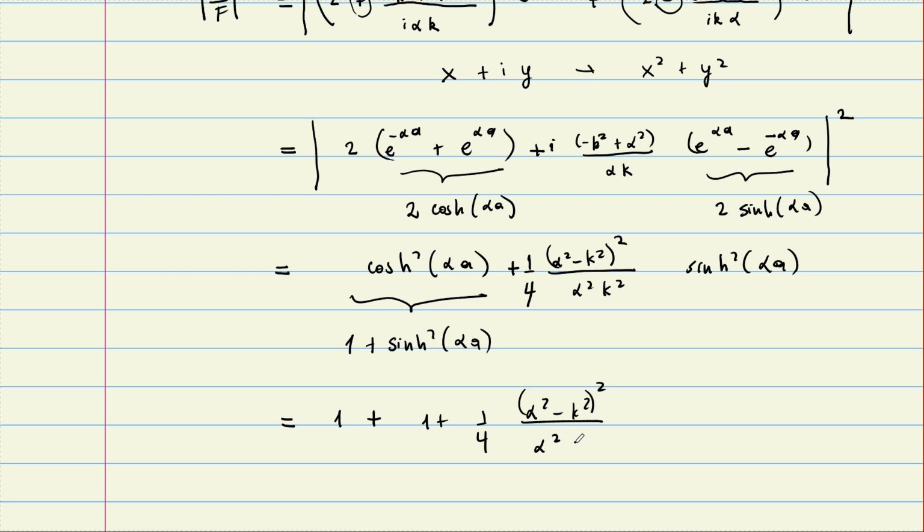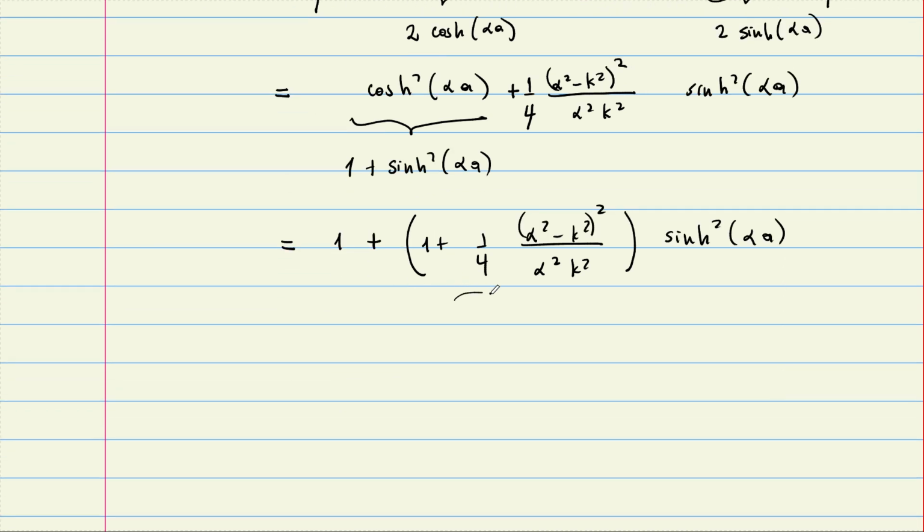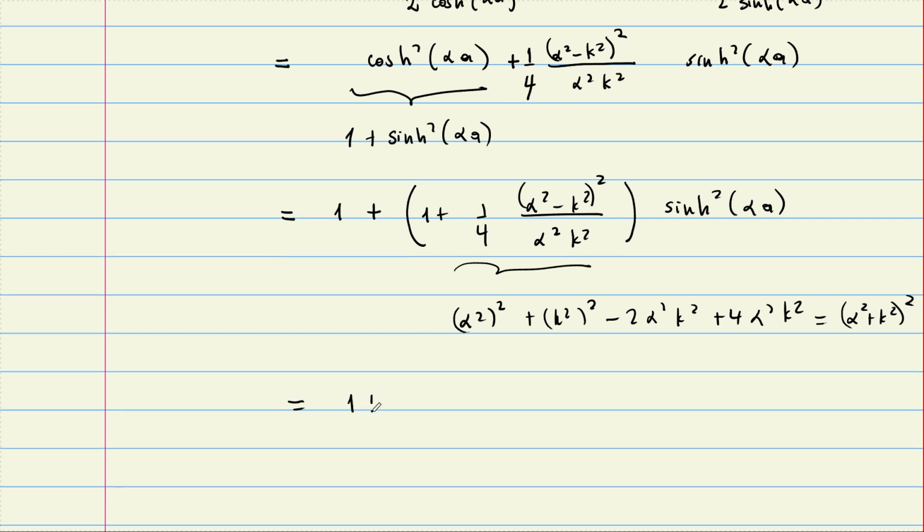So this is alpha squared k squared, close this entire thing, and this is sine hyperbolic squared alpha A. But this thing, if you manipulate, so this is alpha squared plus k squared minus 2 alpha squared k squared and plus 4 alpha squared k squared, which is equal to alpha squared plus k squared, then this thing happens to be 1 plus, let me just copy this. And there is 1 over 4 here.